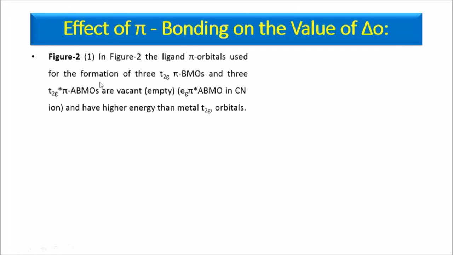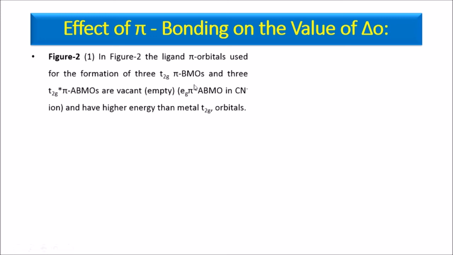Well, let's discuss figure 2. On the other hand, in figure 2 the ligand pi orbitals are used for the formation of 3 T2g pi BMOs, and the 3 T2g star pi ABMOs are vacant, that is empty. This is the case for the cyanide ion, carbon monoxide, nitrosyl, or trialkyl phosphine, triphenyl phosphine.